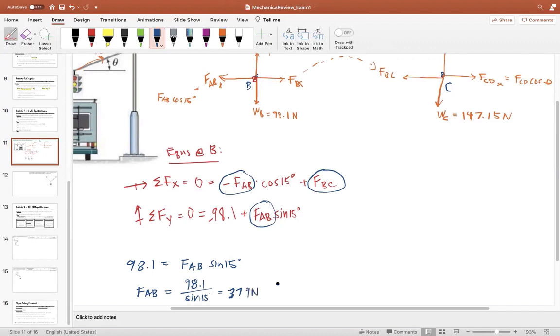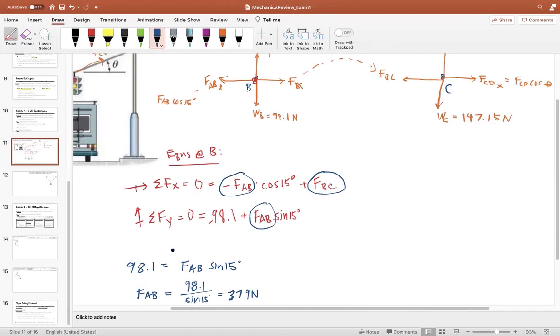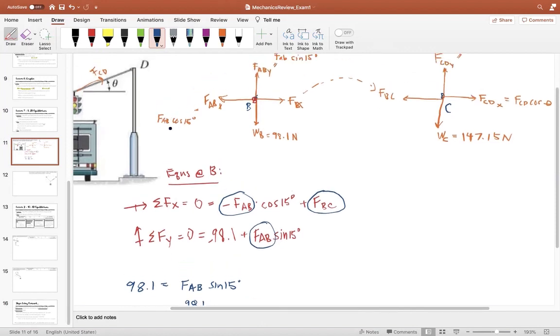Sweet. Confirmed. All right, so then what do I do with this? Plug it into the other one. Right. Don't you have to put a direction for your force AB? Well, yes, technically, but that's the magnitude of it, right? So FAB is going to be plugged into these equations. The magnitude of it in the x direction is going to be FAB cosine 15.